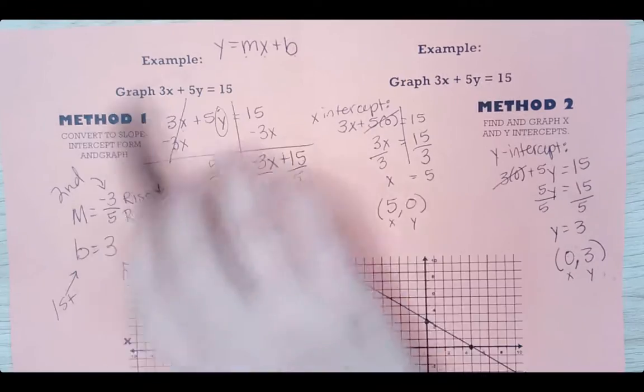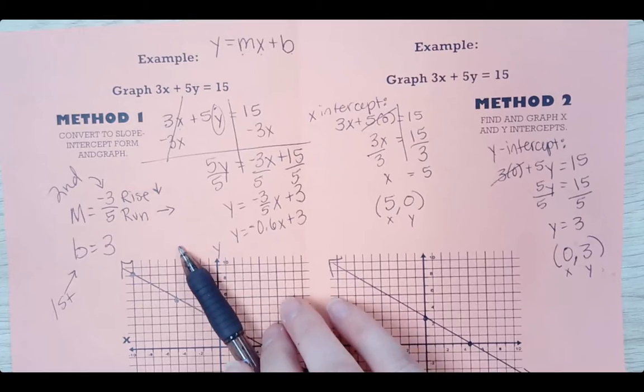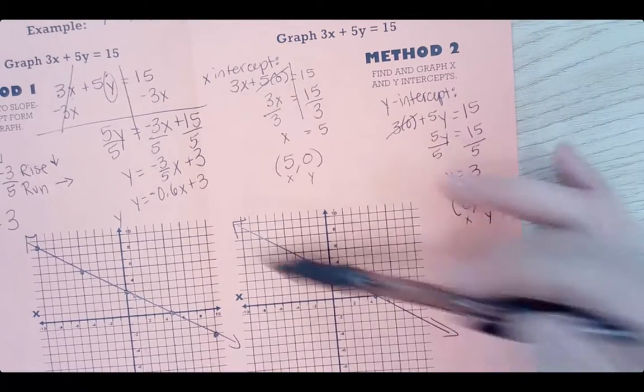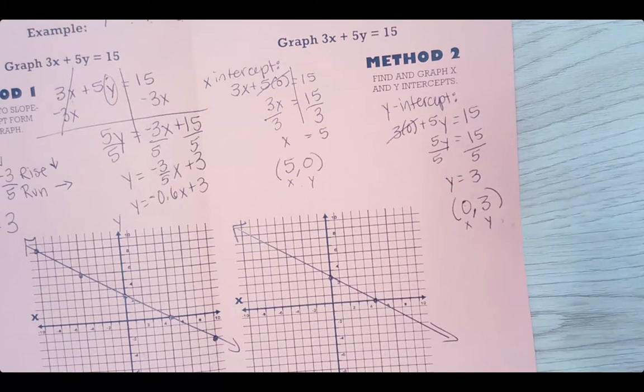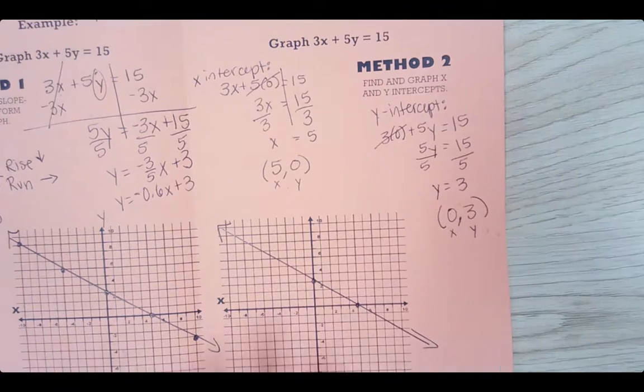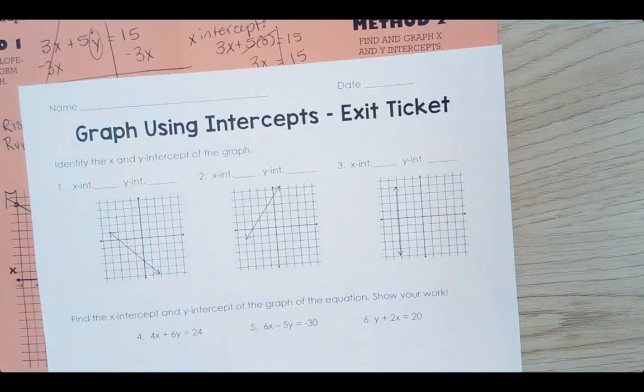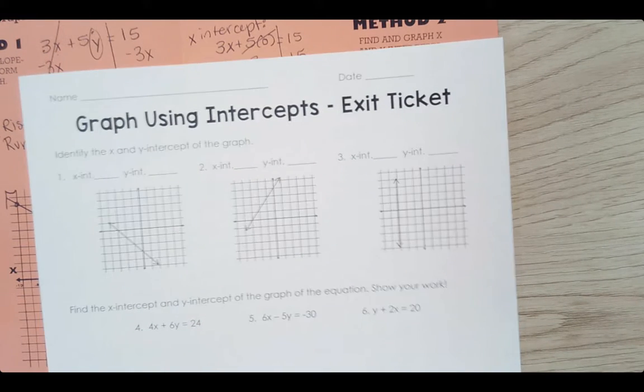So we've already done it this way. We'll come back to doing that some more, but this lesson today was all about finding your x and y intercepts. So you need to put this in your journal and then update your table of contents, and then I have this as your assignment.